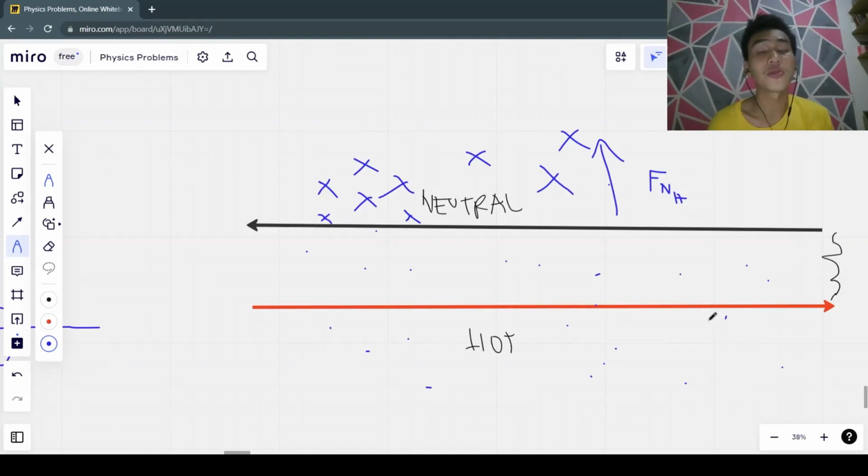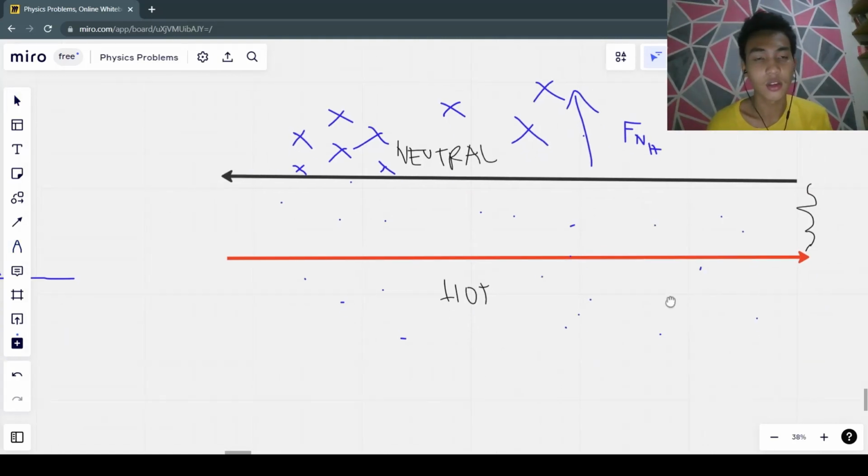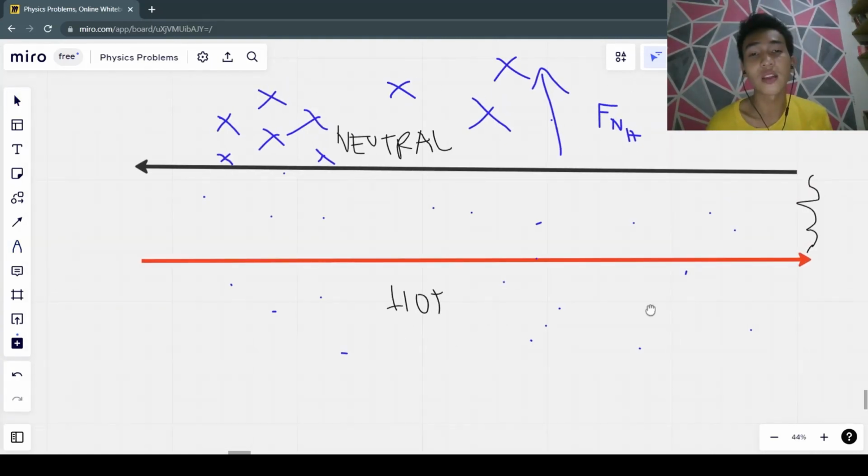Now, we can find the direction of the force acting on the hot wire by applying right hand rule 1. Here is our hand. The thumb should point to the right.